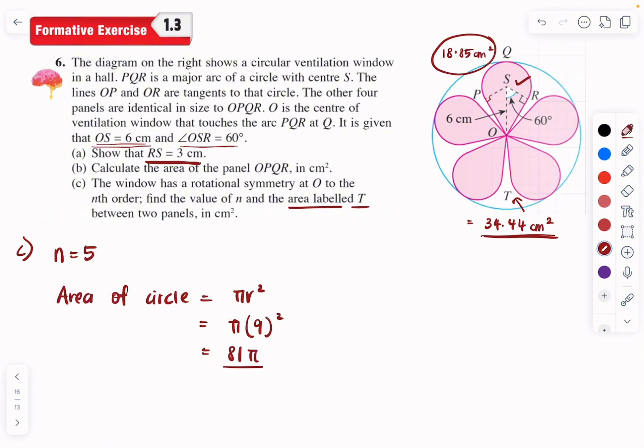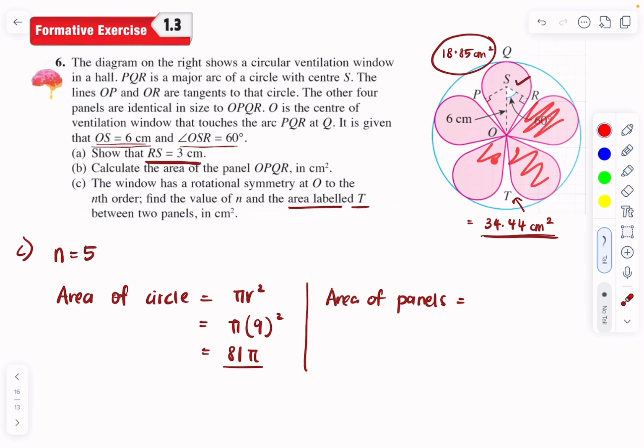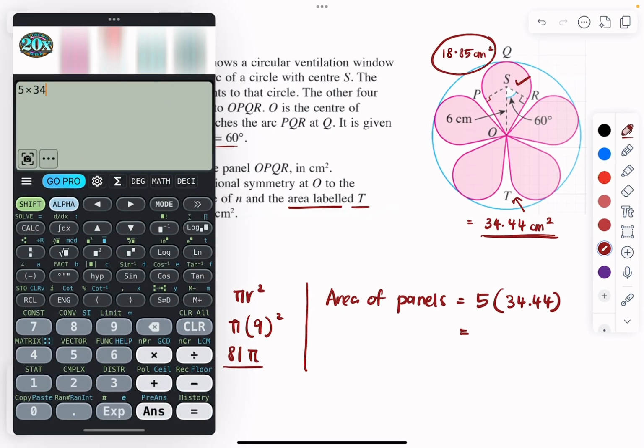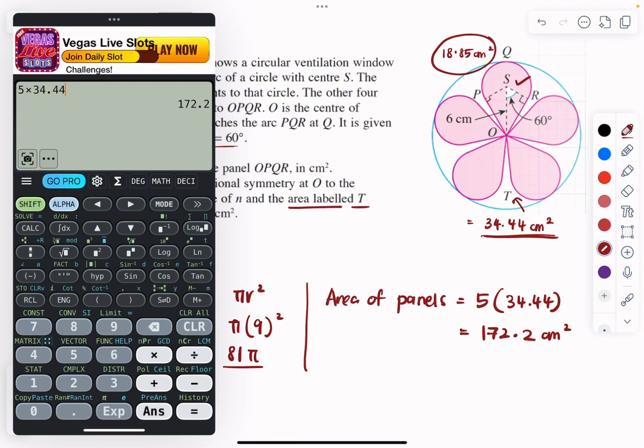And then area of the panels. So we got 5 panels. Each panel, just now we found this is the area of each panel. So area of panels will be 5 times 34.44. So you get 172.2 cm square.